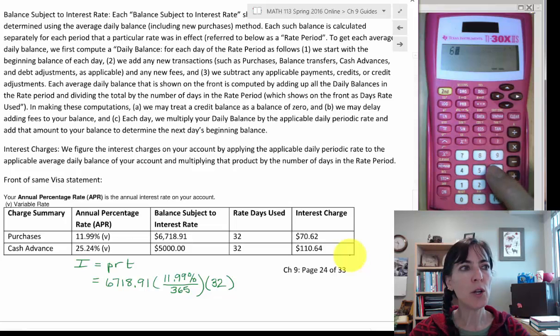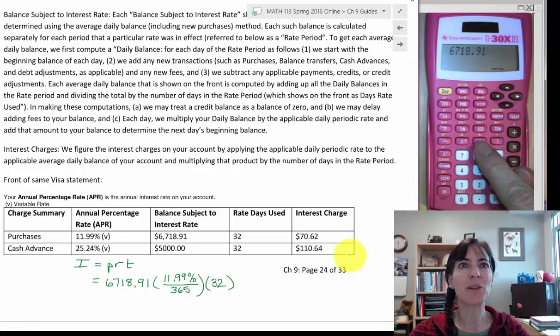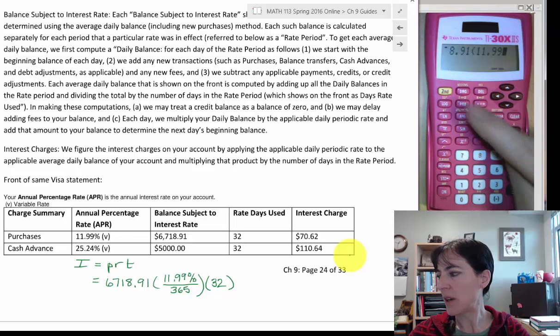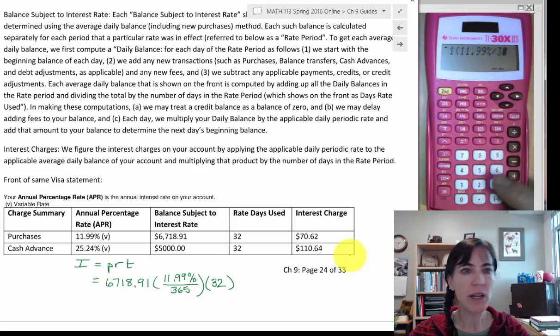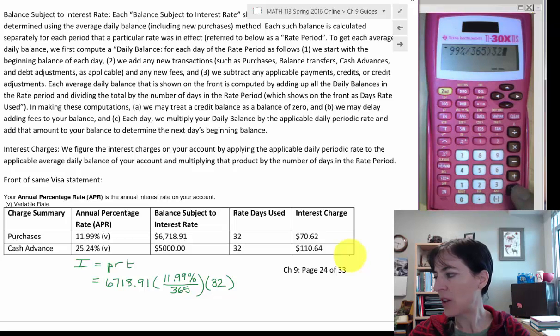So here we'll do 6718.91, and I'm going to show you something a little different. You can do parentheses for times and then do the 11.99% divided by 365 parentheses and then the 32.